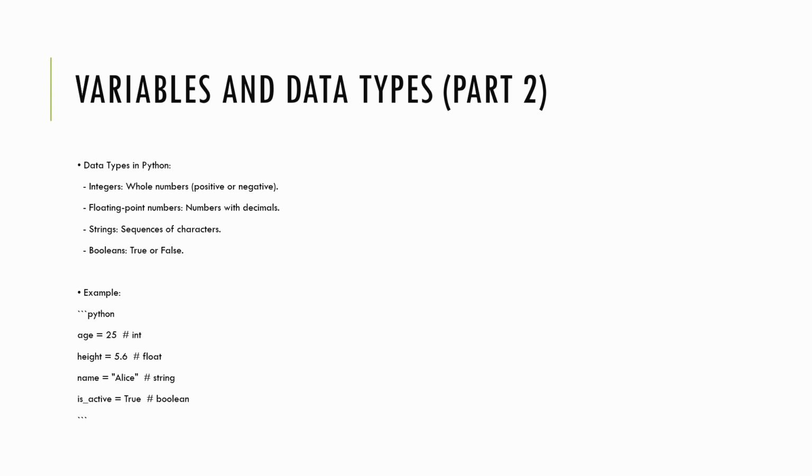Strings are sequences of characters enclosed in quotation marks, like Alice. Booleans represent logical values, either true or false. Here's an example. Now you have a better understanding of how to create and assign values to variables.